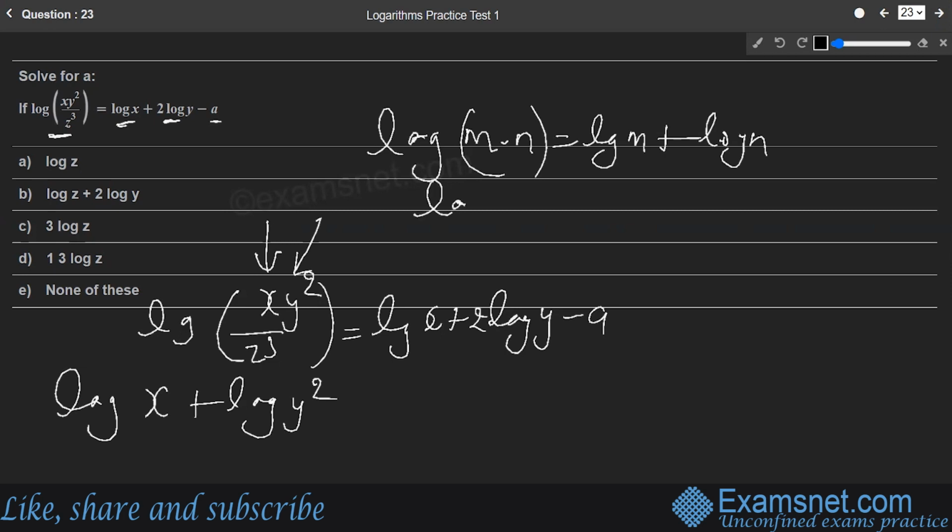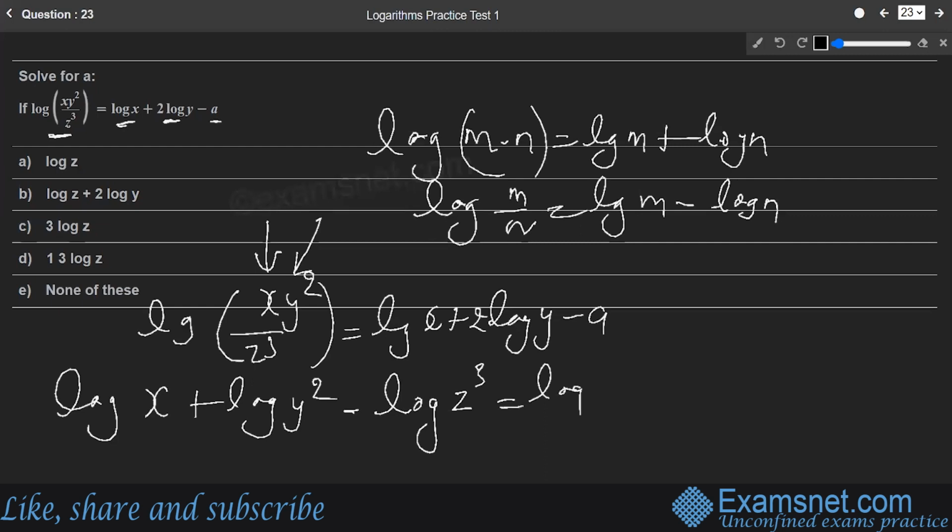For that we can understand it like log m by n is always log m minus log n. So whatever term is in the denominator has to come in the subtraction form. So in the denominator we have a term called z cube, so that should come with the minus sign, minus of log z cube, is equal to, on the right hand side, log x plus 2 log y minus a.